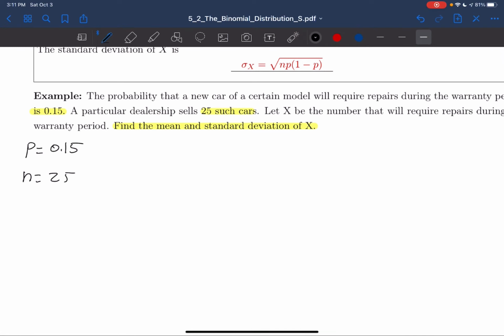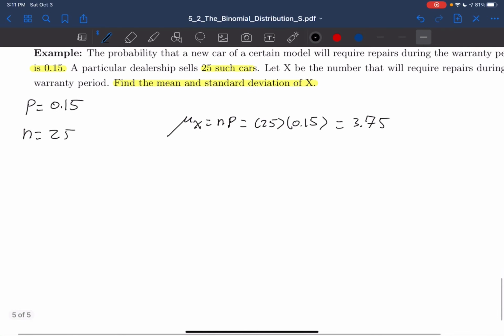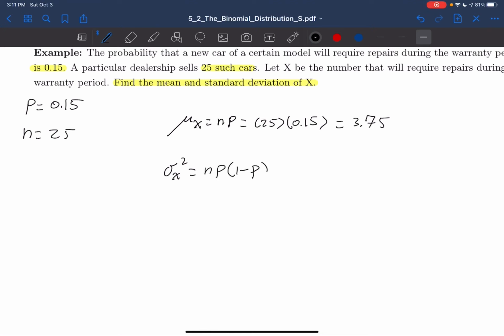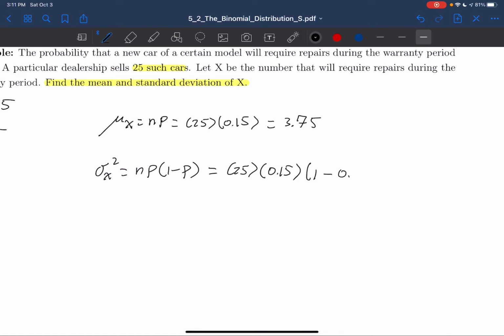So finding the mean, mu of X, is just n times p, or 25 times 0.15, which gives you 3.75. Now let's compute the standard deviation. First thing you want to do is compute the variance and then take the square root of it. So the variance is n times p times 1 minus p, which is equal to 25 times 0.15 times 1 minus 0.15.